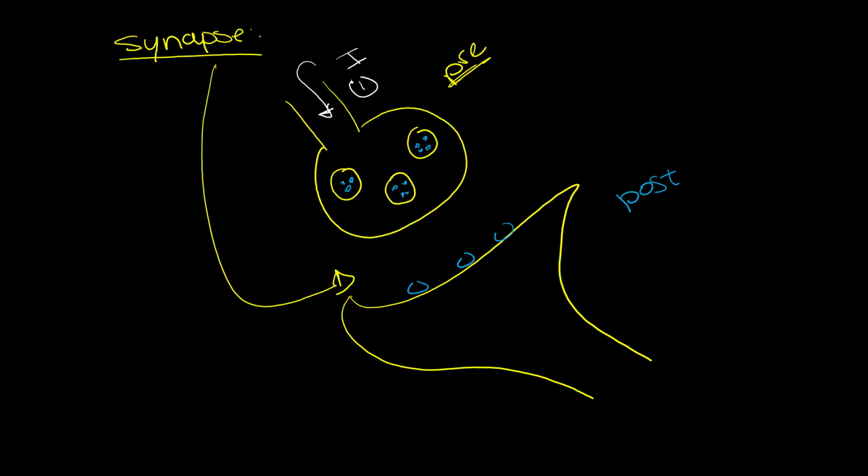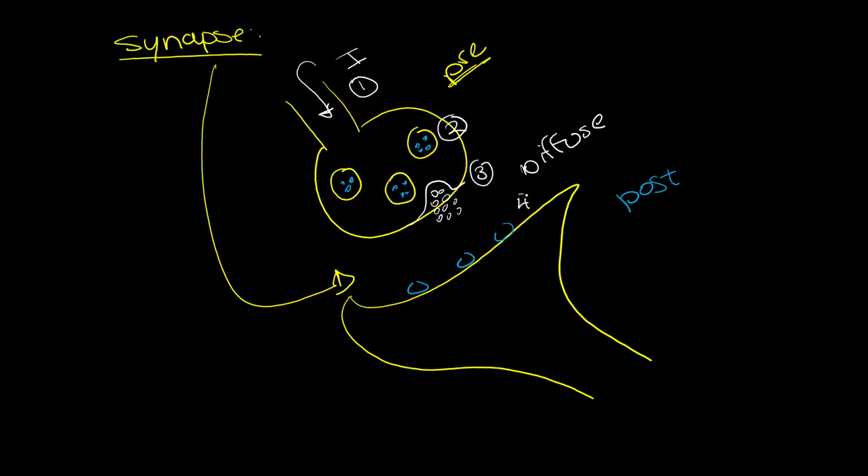So number 1, we have the arrival of the impulse. This is going to activate the vesicles. When the vesicles are activated, they fuse with the what? They fuse with the cell membrane. Very good. They fuse with the cell membrane of the presynaptic nerve cell, releasing the neurotransmitter so that it will diffuse along the synaptic cleft.